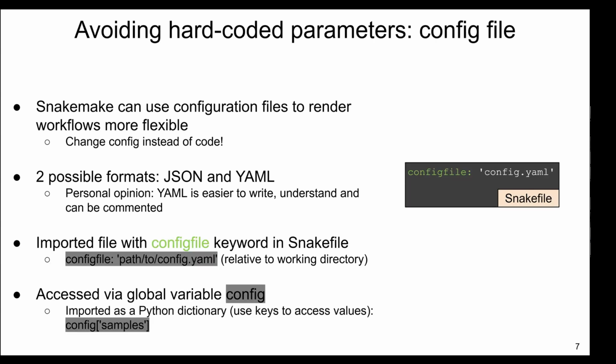These files are imported with the configfile keyword, so that's a new Snakemake keyword, and the value is the path to the config file relative to the working directory. So the directory in which you are actually starting Snakemake. And then you can access the config values as you would a Python dictionary, because a YAML or JSON config file is imported as a Python dict.